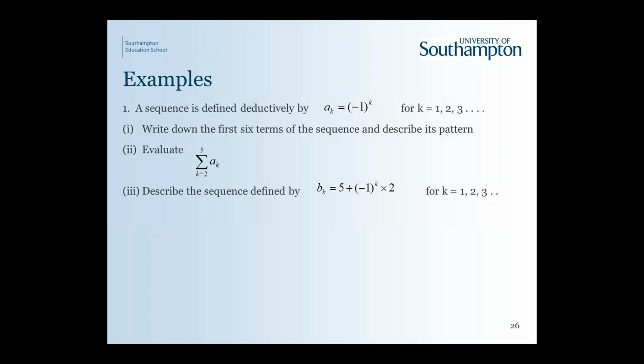So it is both periodic and oscillating. And when you evaluate the sum from the second term to the third term, what do you get? Yeah, 0. Because 1 minus 1 plus 1 minus 1 just gives you nothing.